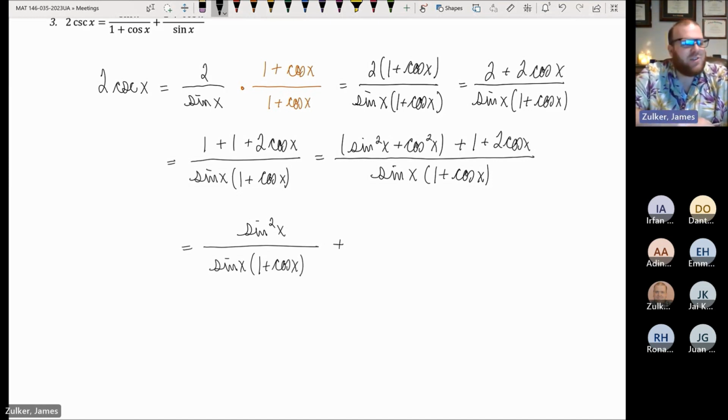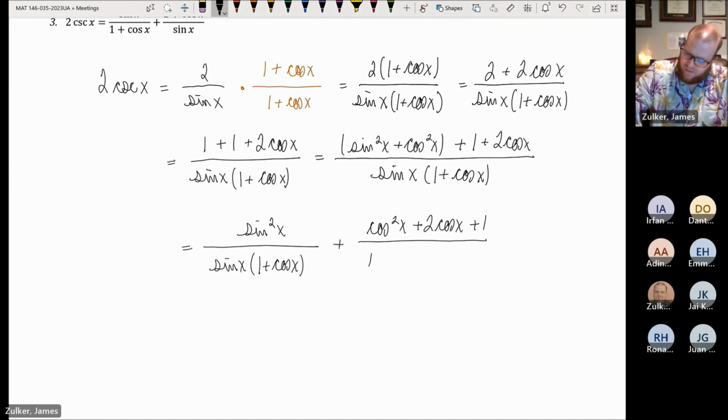Let's write this as two separate fractions. Sine squared over sine times 1 plus cosine. And then the remaining terms over sine times 1 plus cosine.